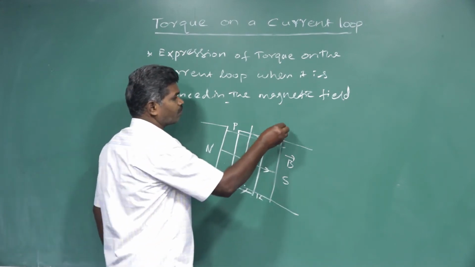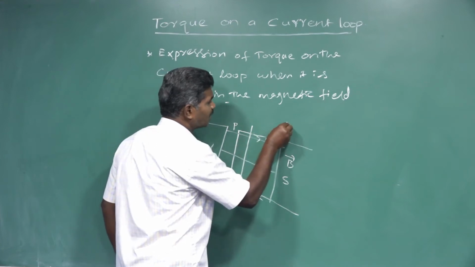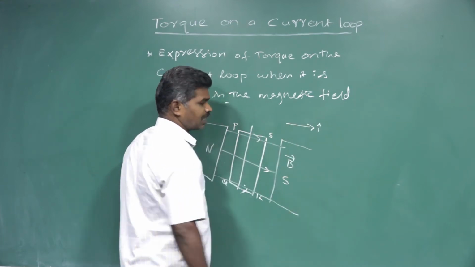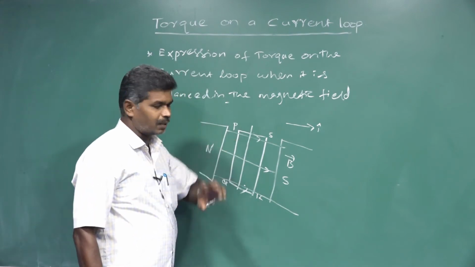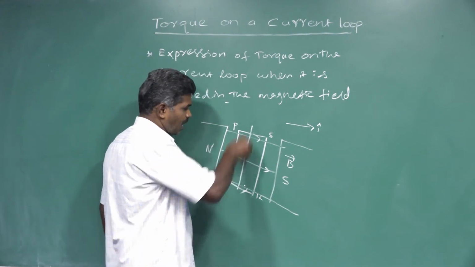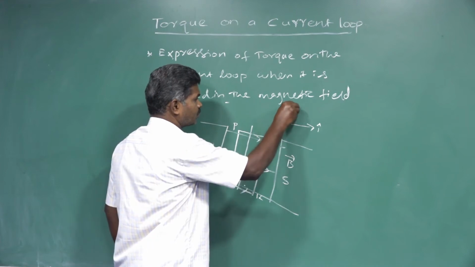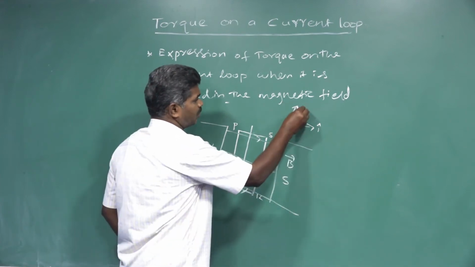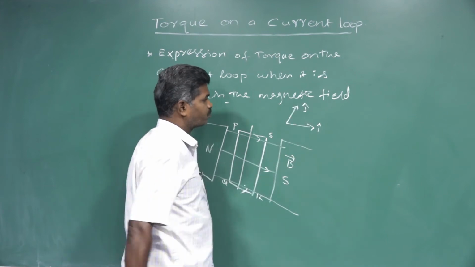The field acts along the x direction, expressed as i cap. The axis of the loop, along the y direction, is j cap.